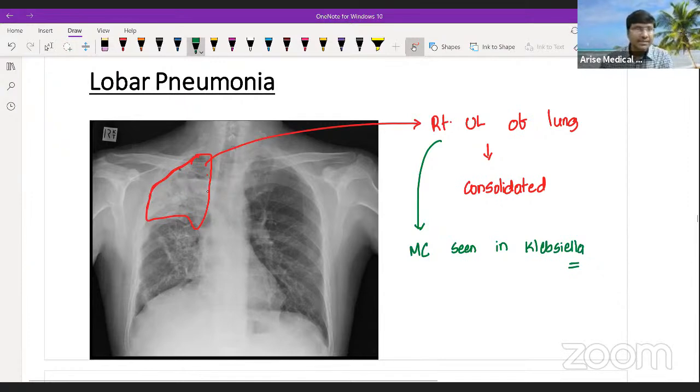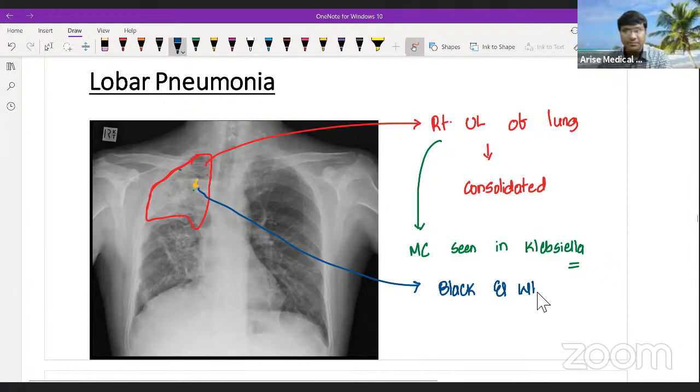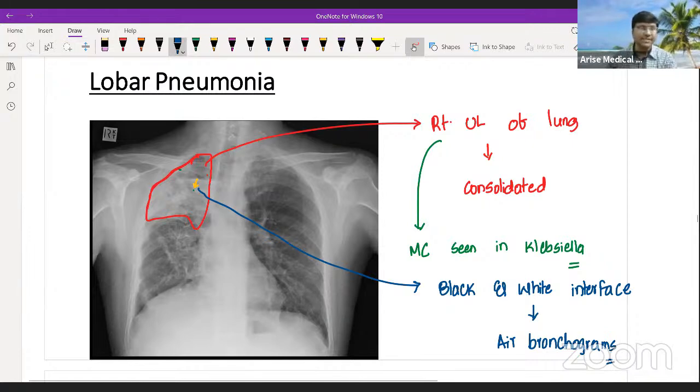Now, this black and white interface whatever you are seeing, that is what is called air bronchograms, seen in case of lobar pneumonia.